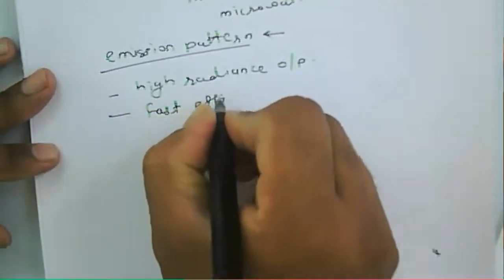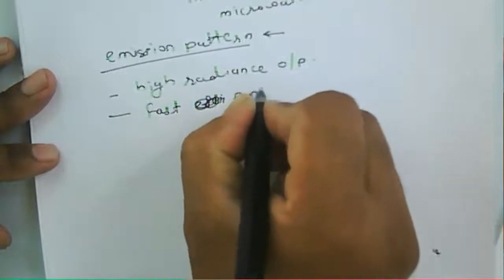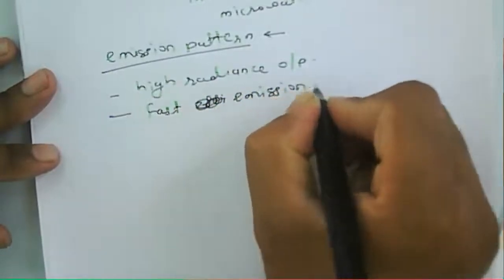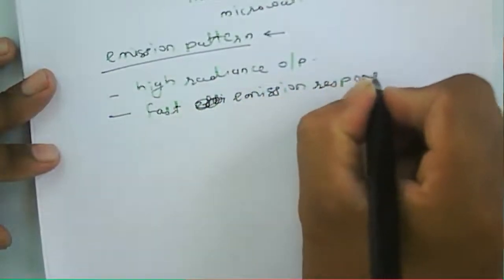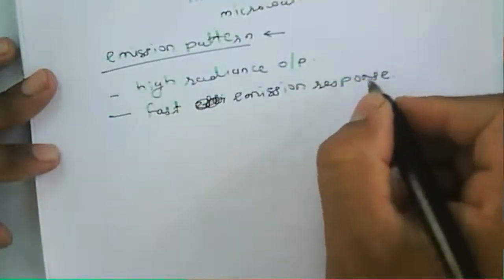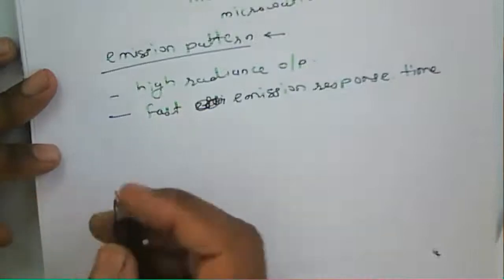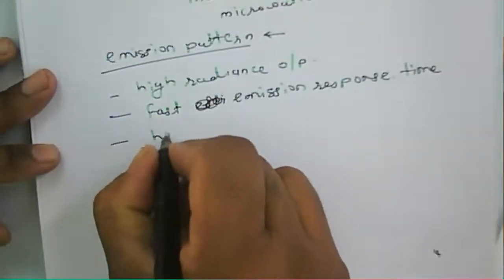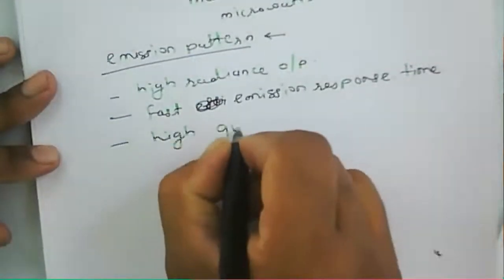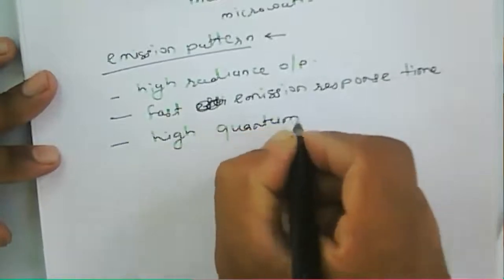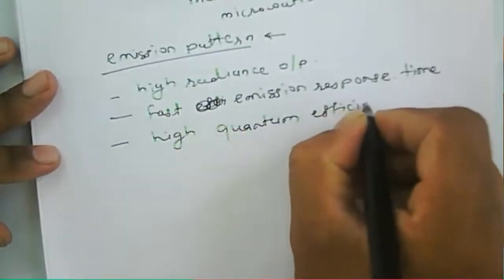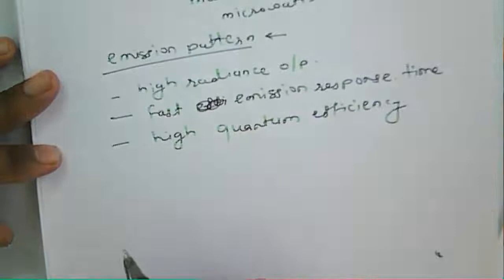Fast emission response means what? For the given particular pulse, it generates the light, the photons, and then it has a high quantum efficiency. Whatever light emitting diode we use, it should have high quantum efficiency.